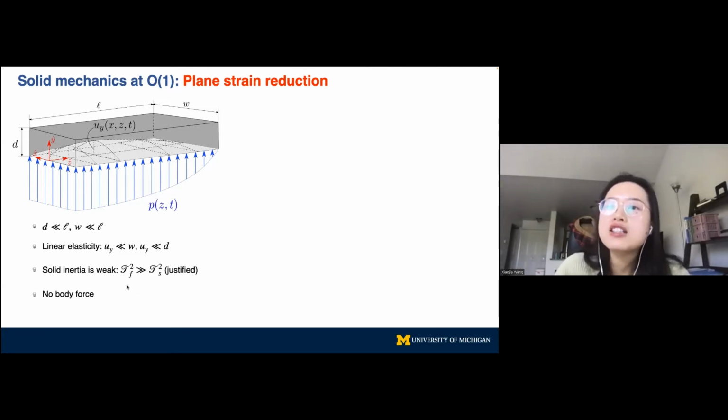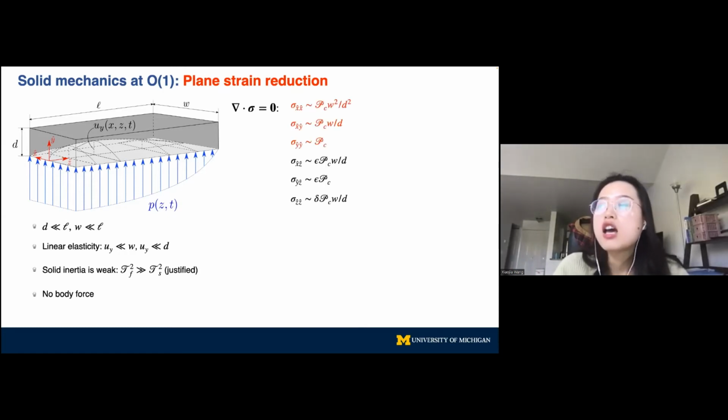We further neglect all of the body forces, then the governing equation for the solid wall deformation is simply the balance of Cauchy stresses. By doing a scaling analysis, taking advantage of the slenderness of the wall, we can show that the dominant Cauchy stress components are the components living in the XY cross-sectional plane. Consequently, the dominant strains also live in the XY cross-sectional plane.